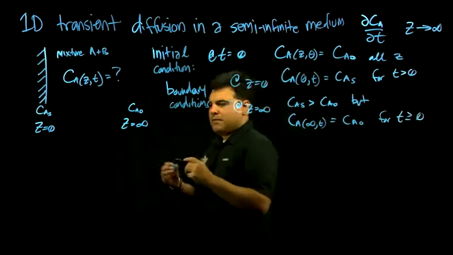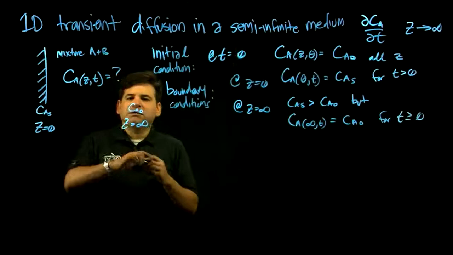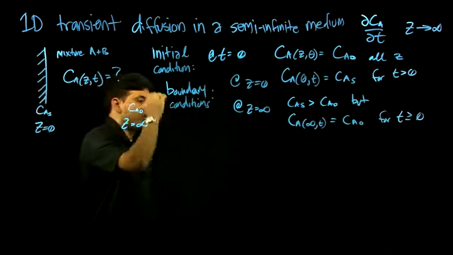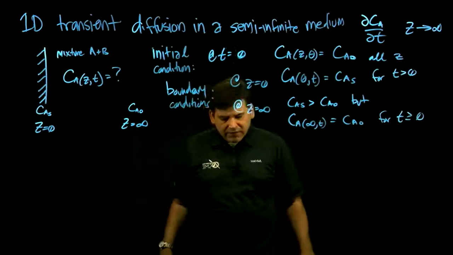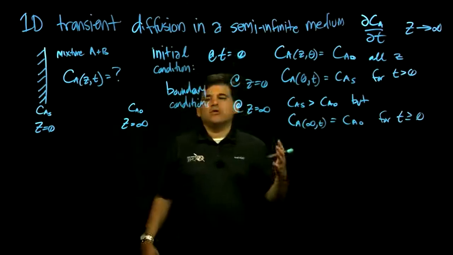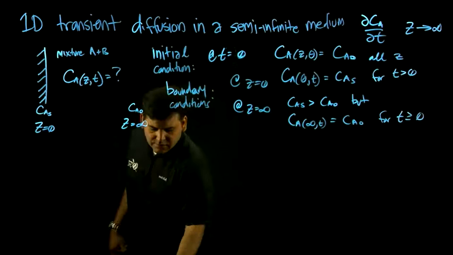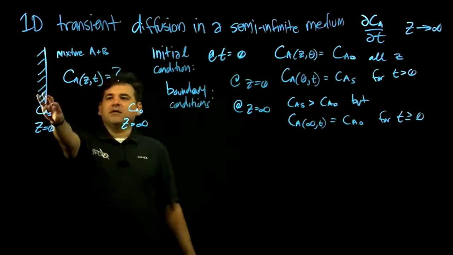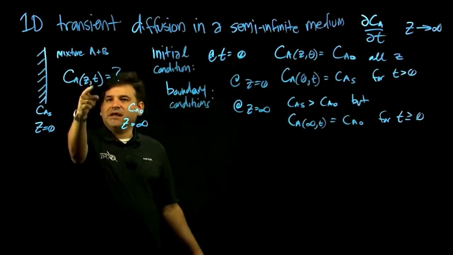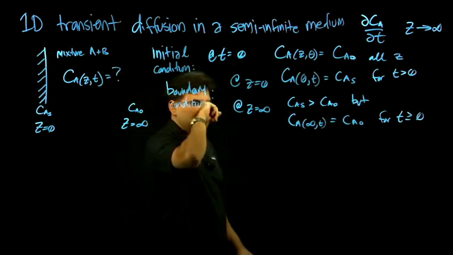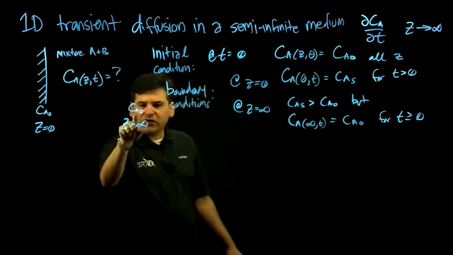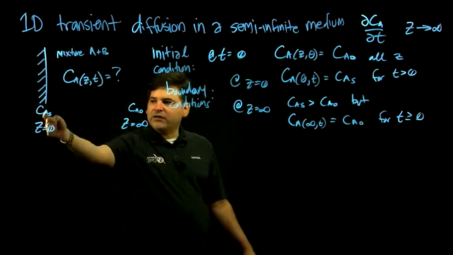The concentration approaches this original concentration if we get far enough downstream. Okay, so that's the physical setup of this. It depends on time. The concentration profile in space and time changes, and it's defined by this initial concentration in the domain and the surface concentration.